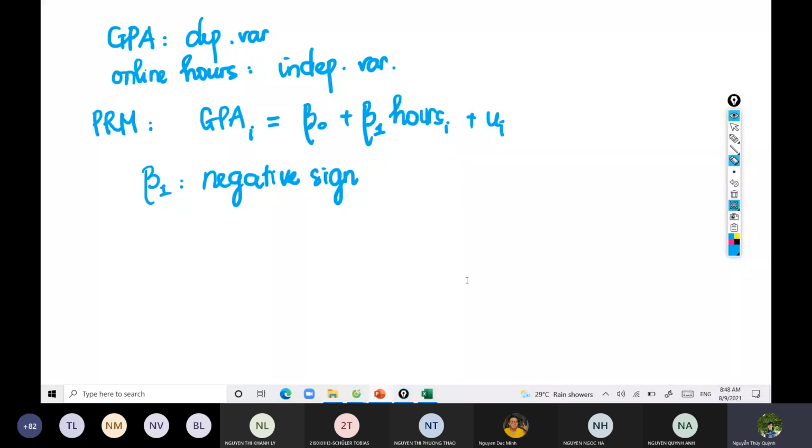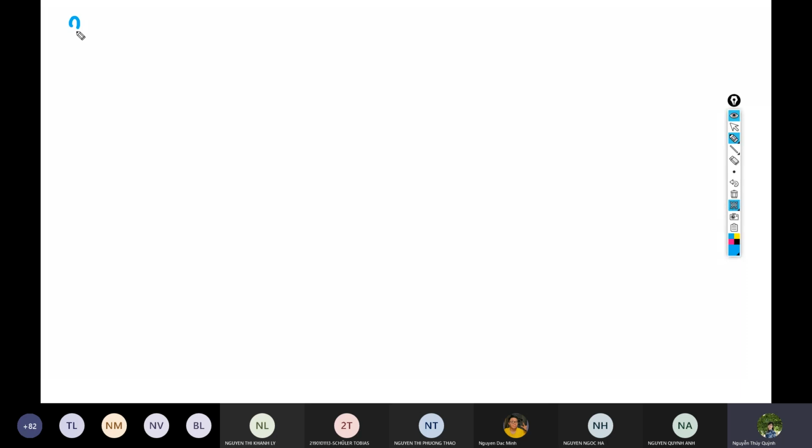Now for question 2 of exercise 4, what are your calculations? First, I calculated the sample mean of x, which is equal to 3.8. And then the sample mean of y is 8.104.